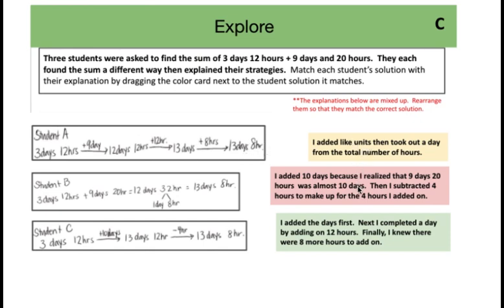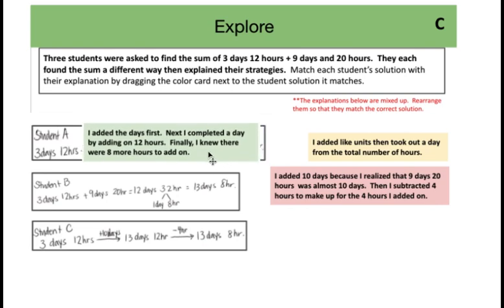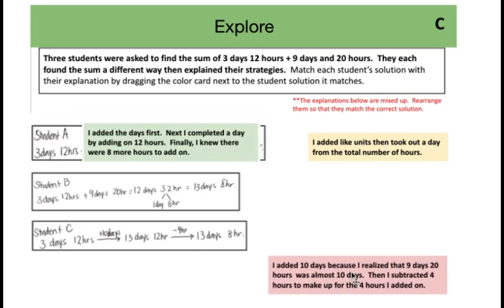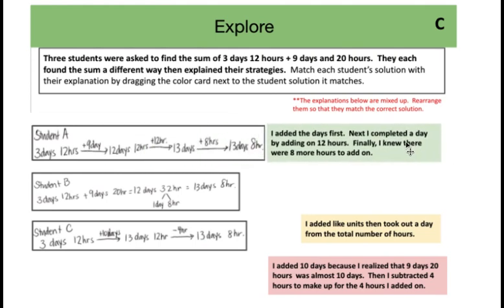Which one of those matched up with what we just explored for student A? Yeah, the green one, right? So this green one here matched up with student A's thinking. Let me just move these down. They added the 9 days first.